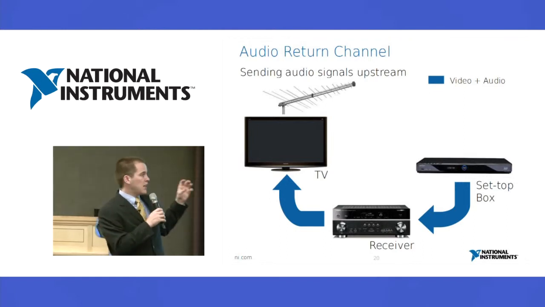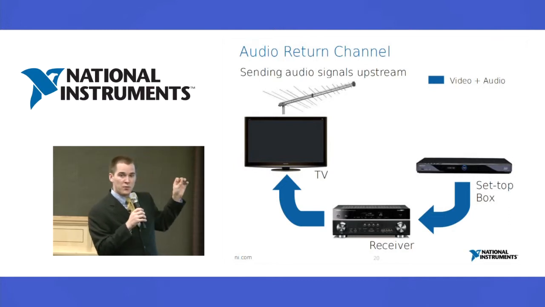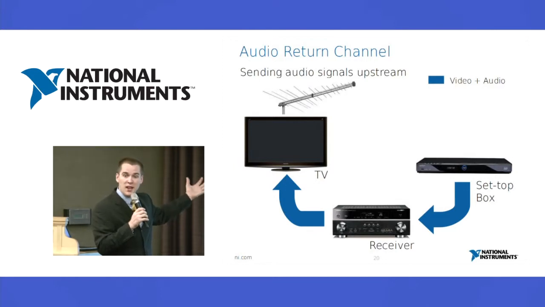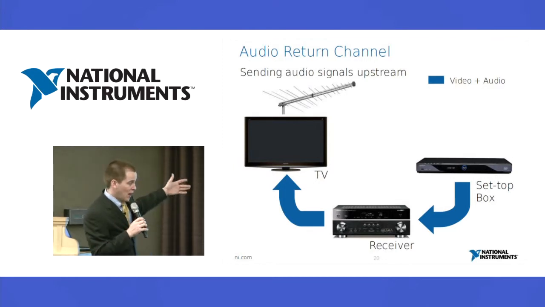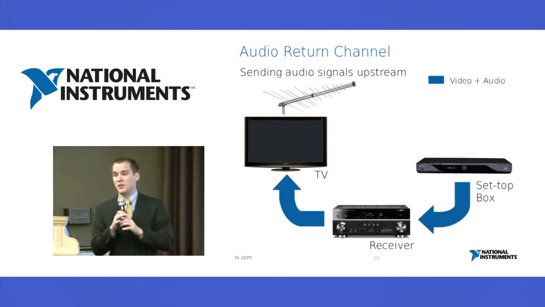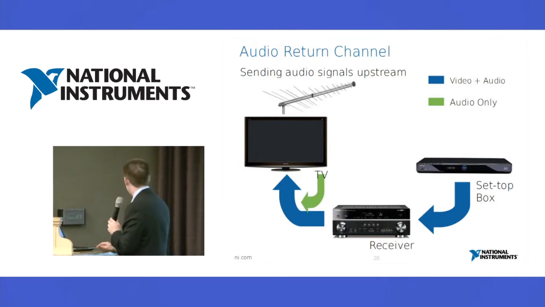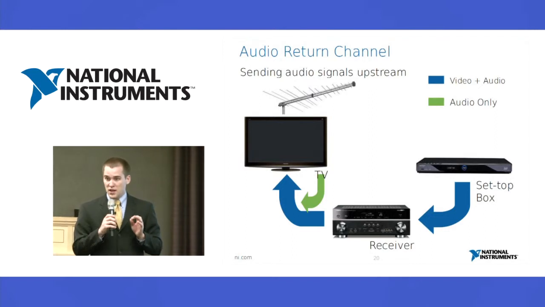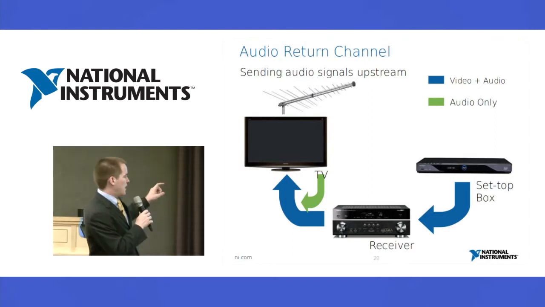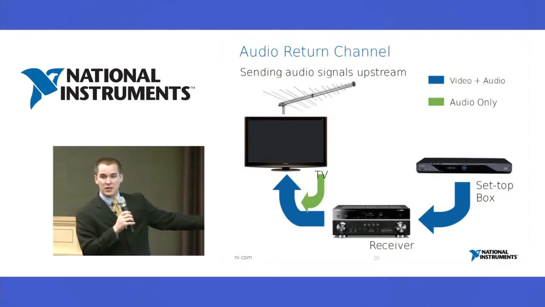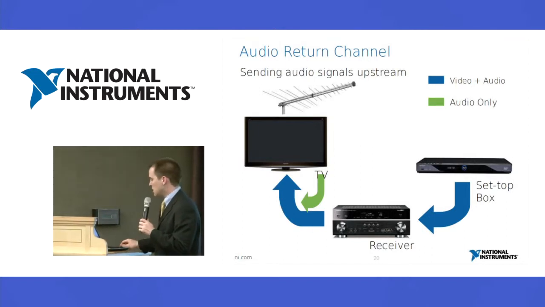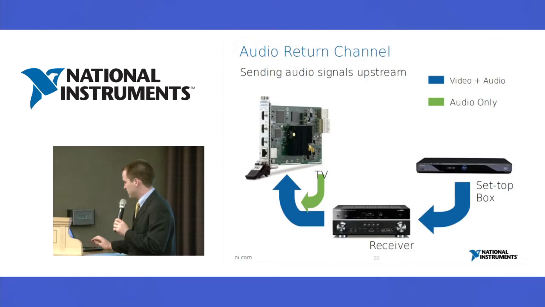And you need to be able to get the audio from there back to the AV receiver, because the video starts on the TV and ends on the TV. But the audio has to make it upstream into the AV receiver. And that's what the audio return channel is there for. It is a new component of the HDMI specification that allows audio to go from the TV upstream. So that's something that we can also do with VideoMASTER.